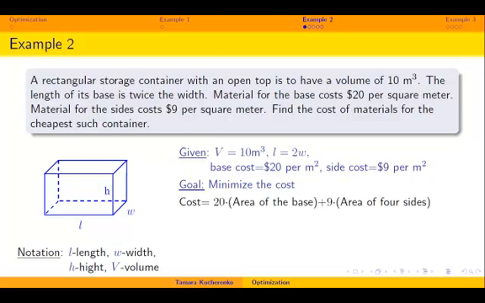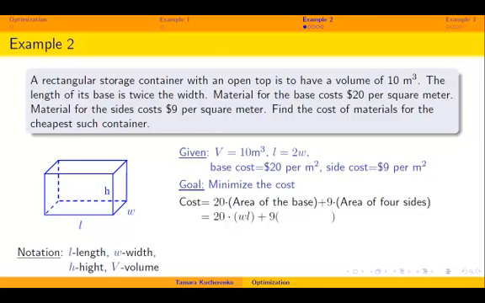Cost equals 20 times the area of the base plus 9 times the area of 4 sides. The area of the base is length times width, so we get 20 times W times L. Now we need to add 9 multiplied by the area of 4 sides. 2 of the 4 sides have areas length times height, and the other 2 have areas width times height.